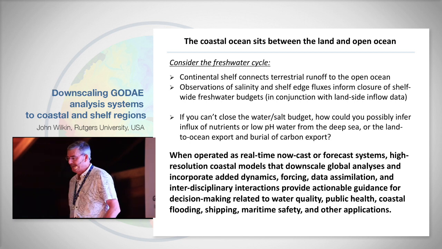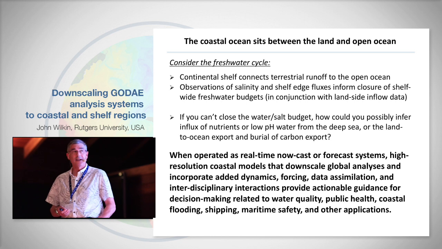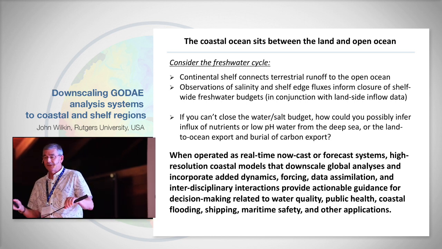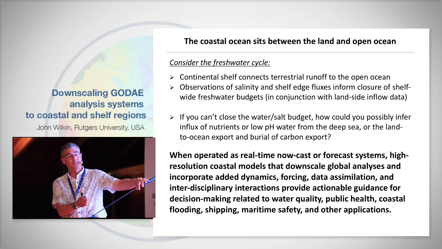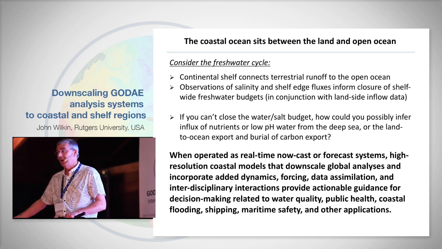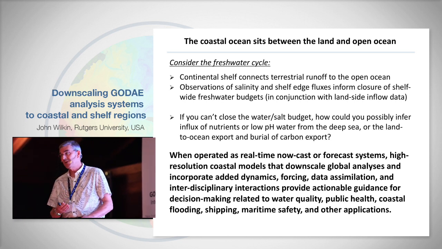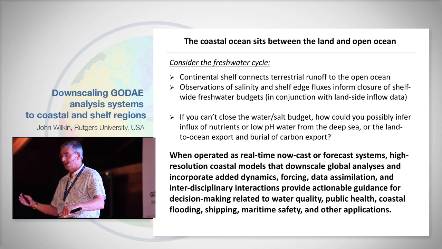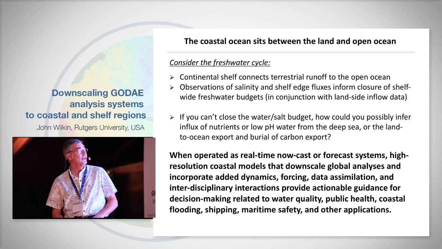So just kind of a thought experiment to explain why it's a challenge. The continental shelf sits between the terrestrial runoff from land and the deep ocean, which we have all of these observations from the global observing system, from global and basin scale GODAE-class data assimilating models.